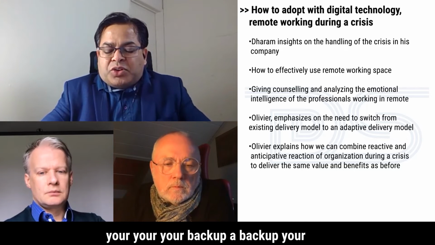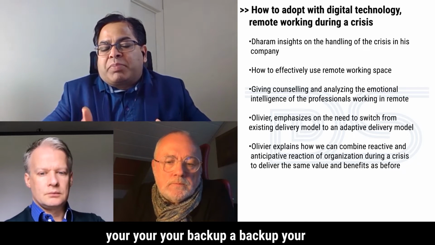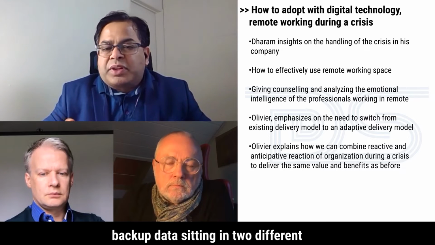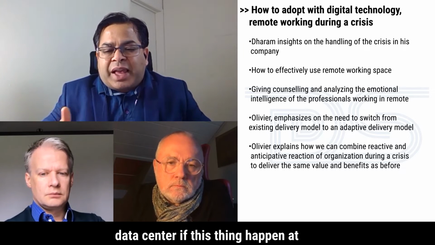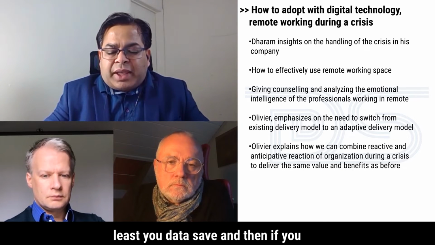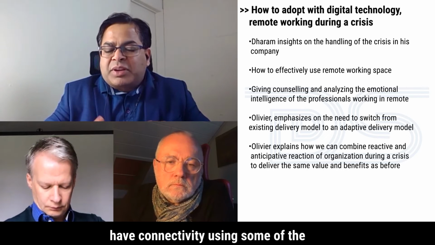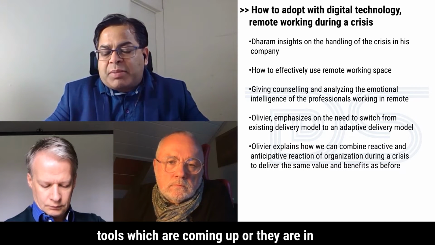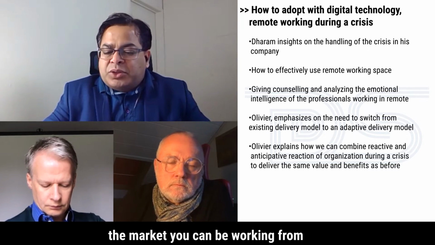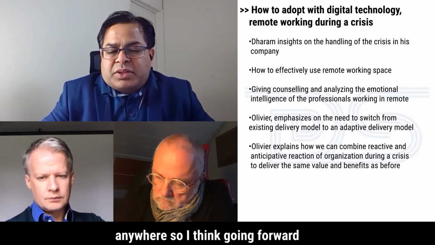So if your backup data is sitting in 2 different data centers, if this thing happens, at least your data is safe. And then if you have connectivity using some of the tools which are coming up or are in the market, you can be working from anywhere.